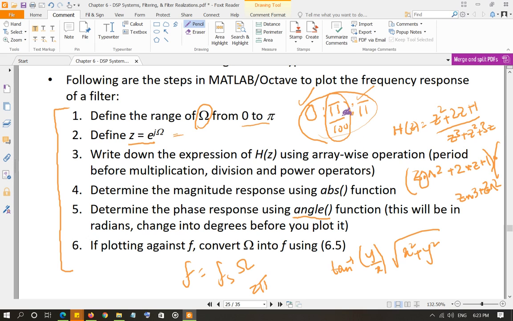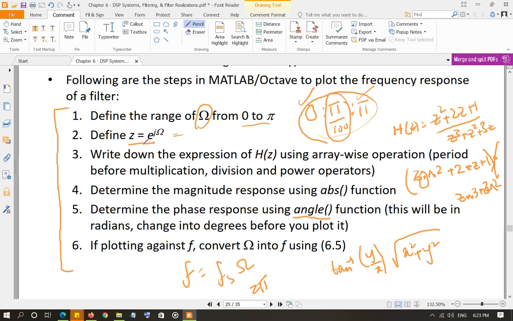Usually I take a 100th of the final number, in this case pi over 100. So you're plotting 101 points basically, which is usually good enough. You can plot 1000 points, it doesn't matter. The reason you plot a good number of points is that your plot is going to be smooth, and you will not lose any information when plotting the response.